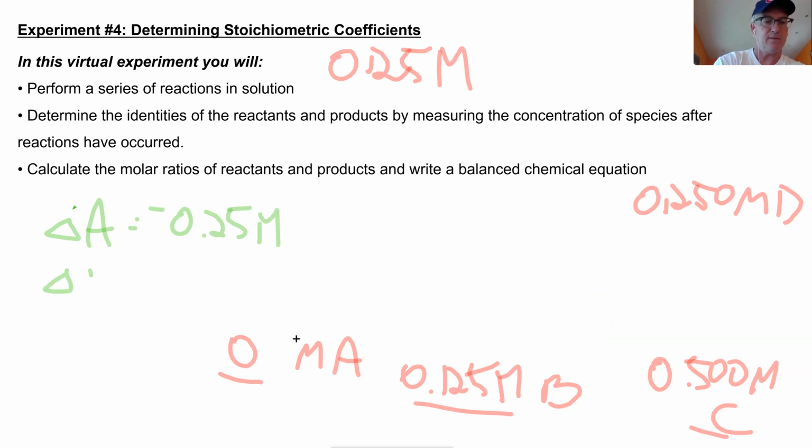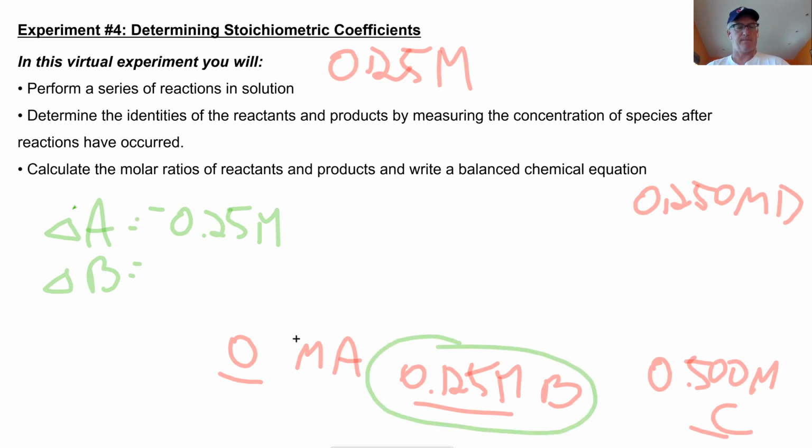What's my change in B? So if my change in A is minus 0.25 molar, what's my change in B? Here's the new concentration of B. Right, Nick.